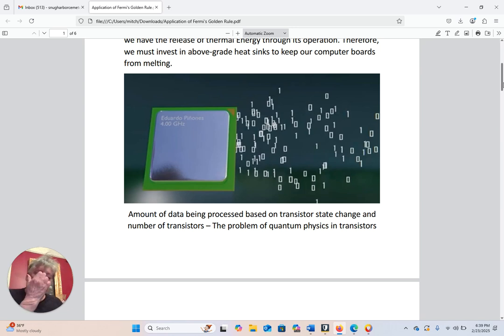The other problem is that they were getting very hot, so we required specialized heat sinks as we continued to go down. So we came up with this technology to invent the MOSFET.